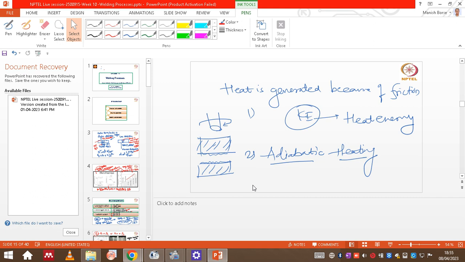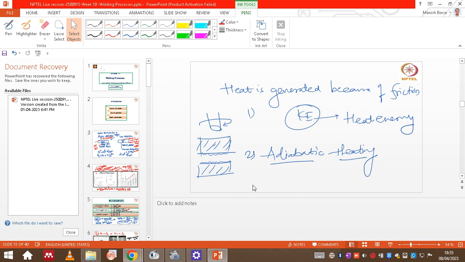Yeah, we can say it is cleaning, but the main purpose is to uniformly soften the material all over the cross section. As I said, if there are some asperities present at the interfaces, they will flatten out.